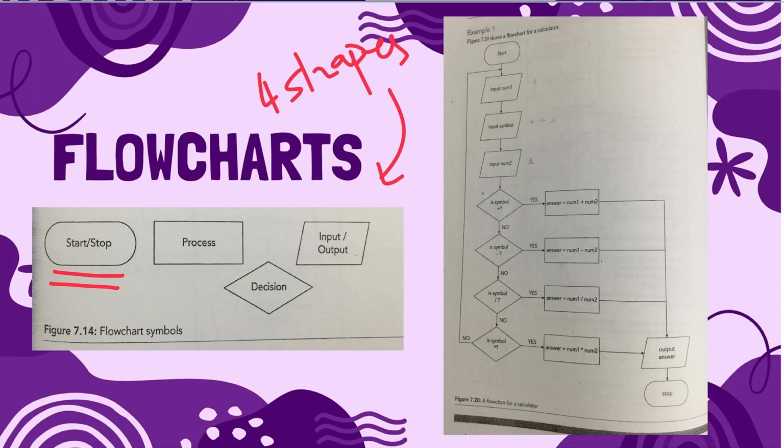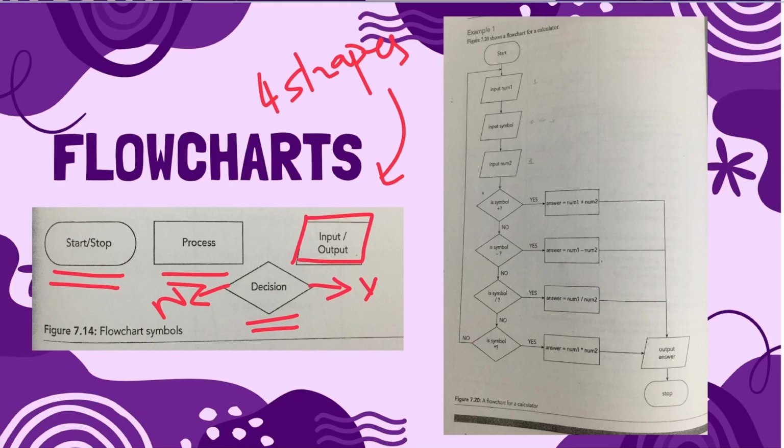And then a rectangular shape is used for a process like 1 plus 1, 2 minus 2, or any process there is. And then a decision is usually like, is 2 greater than 1? And then it has 2 arrows going from it, yes or no. That's what you're going to label them.